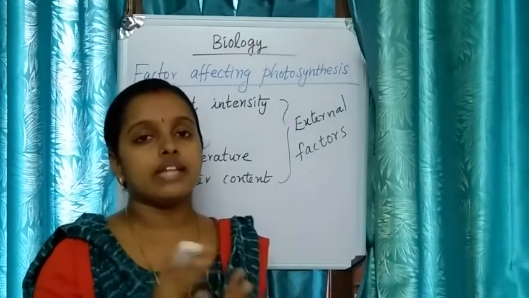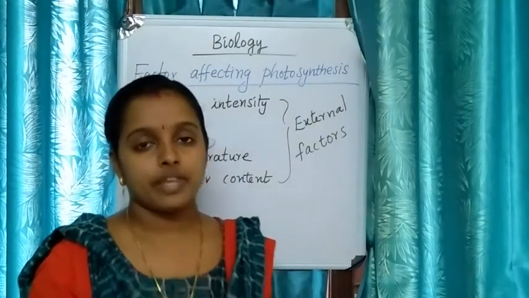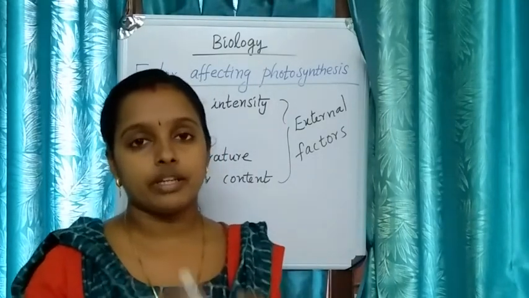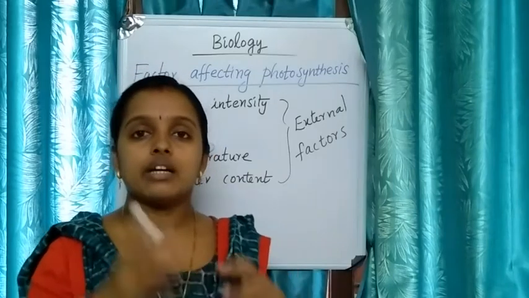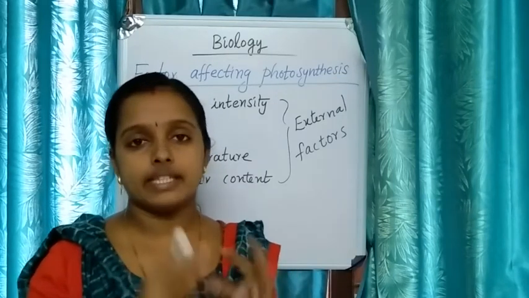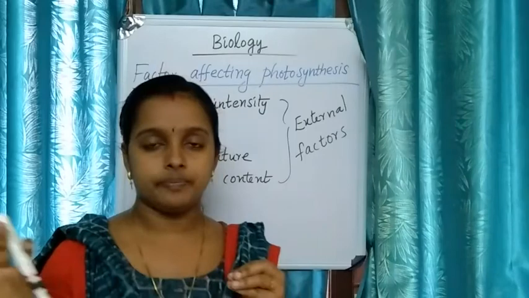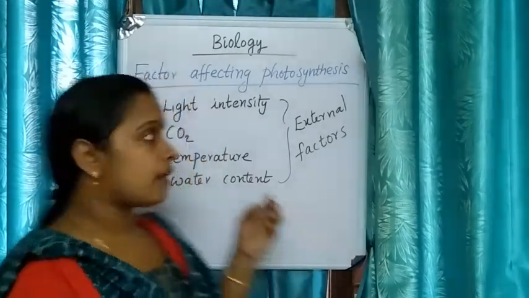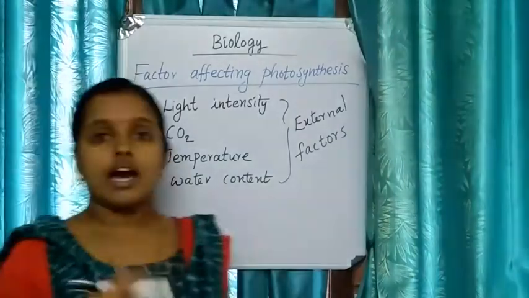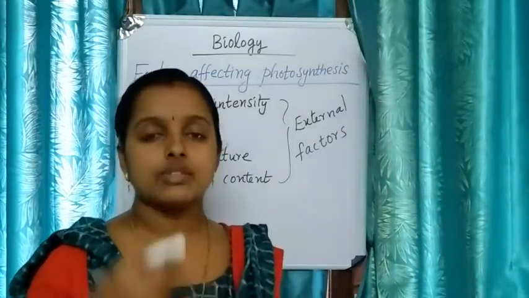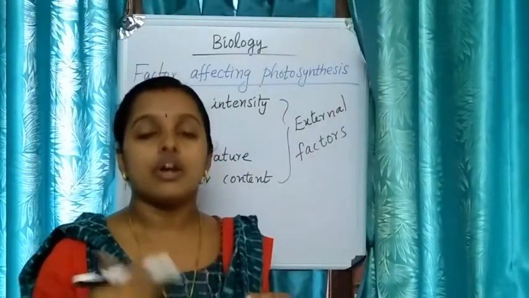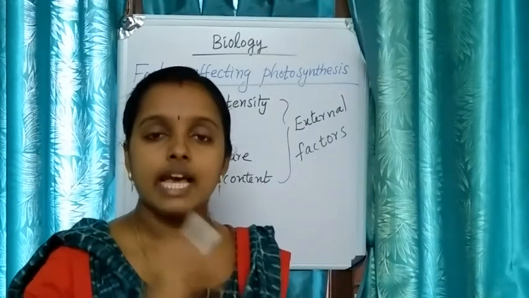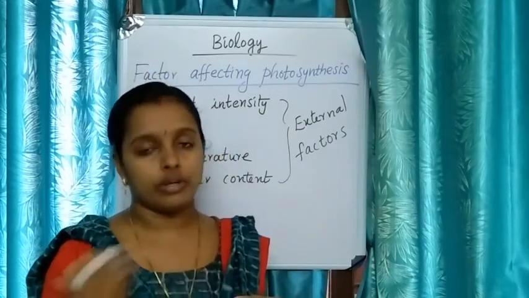And in your textbook you can see a graphical representation: at 0.02, at that point the photosynthesis rate becomes stable, and at that point we can give more carbon dioxide. Next one, carbon dioxide is one of the raw materials, so if we increase the concentration of carbon dioxide, the rate will be more.